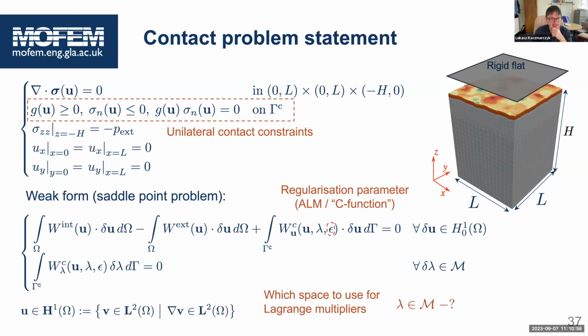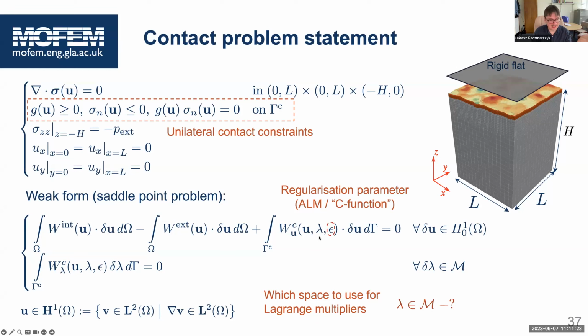And typically, contact is a constraint, so it has a Lagrange multiplier with it. In plasticity we had a Lagrange plastic multiplier, and here the Lagrange multiplier has a different interpretation, the interpretation of the traction on the surface.